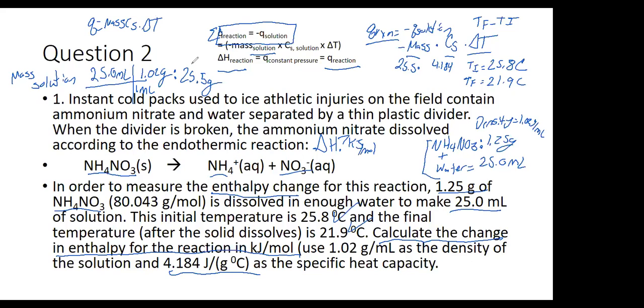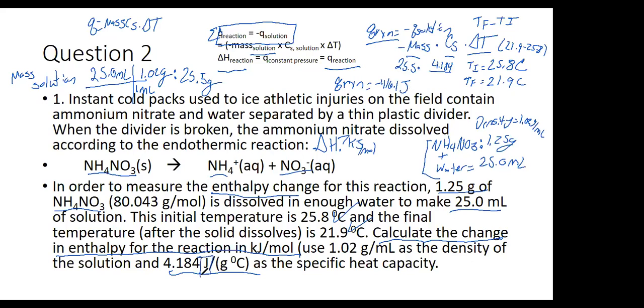All right, so let's solve for Q reaction. We have all our pieces there. So Q reaction equals 25.5 times 4.184 multiplied by final minus initial, 21.9 minus 25.8. So that should be negative 416.1 joules. How do I know it's joules?